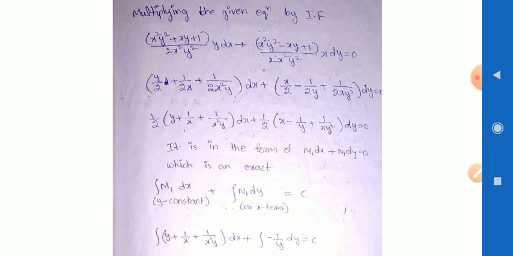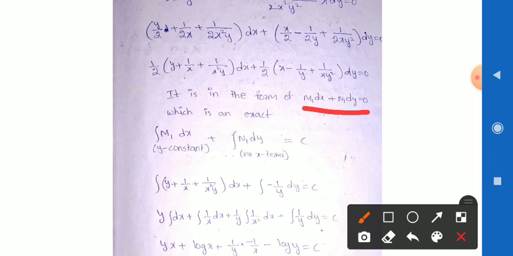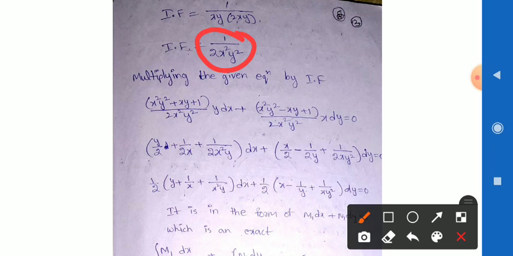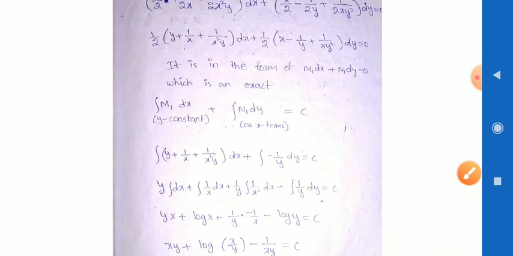Now this is in the form of M1 dx plus N1 dy is equal to 0, which is an exact differential equation. Therefore dou M1 by dou y and dou N1 by dou x must be equal; only then we say that the given factor is an integrating factor, and the equation is an exact differential equation.